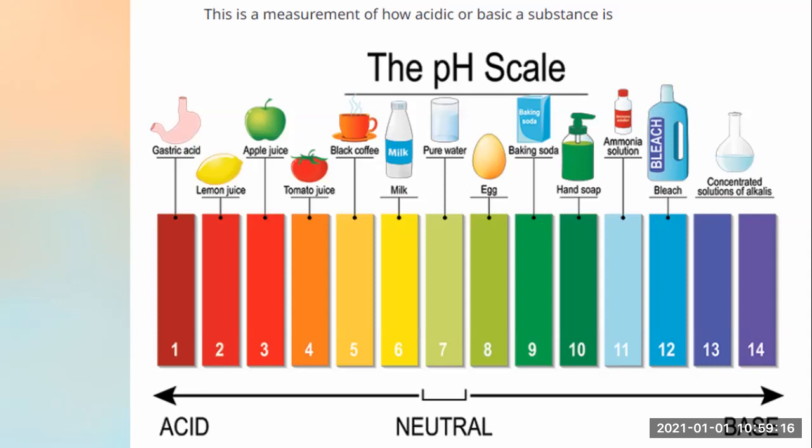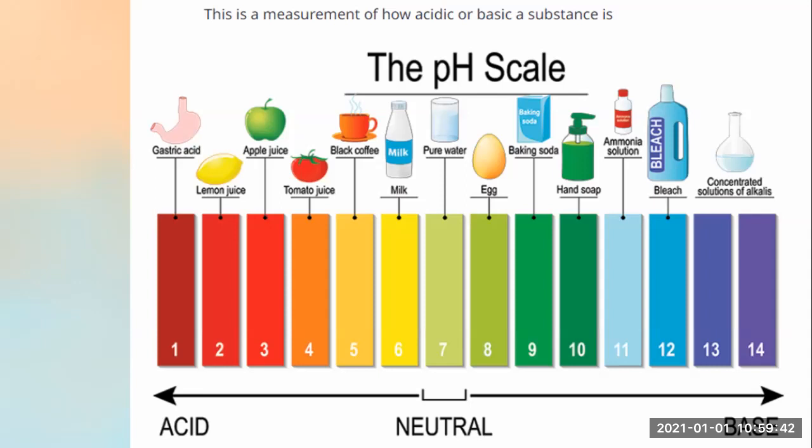When I use baking soda and continue the same activity, I find a different, darker green color as compared to the egg. Then I did the same activity with hand soap, ammonia solution, bleach, and concentrated solution of alkalis. So I found different colors for these different solutions.